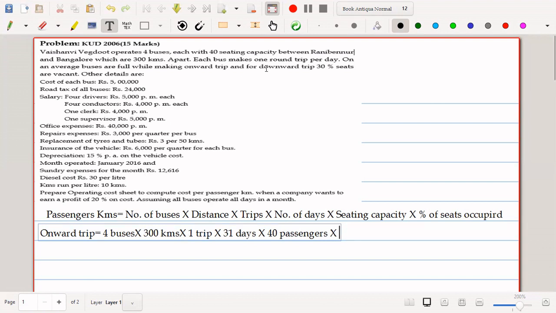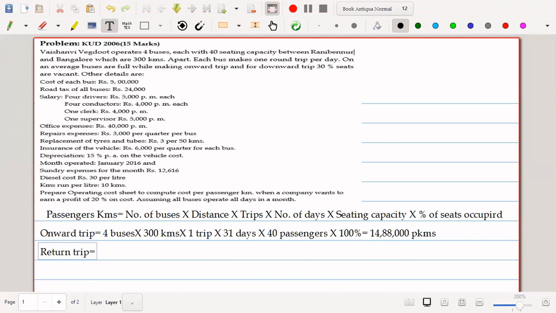They have given in the problem that on an average all the buses are full while making the onward trip. Full means we have to take it as 100%. So when we multiply all this together, it comes to 14,88,000 passenger kilometers. And now let's go for the return trip.